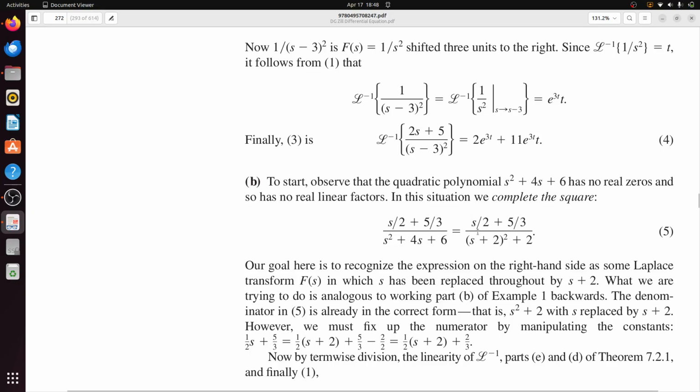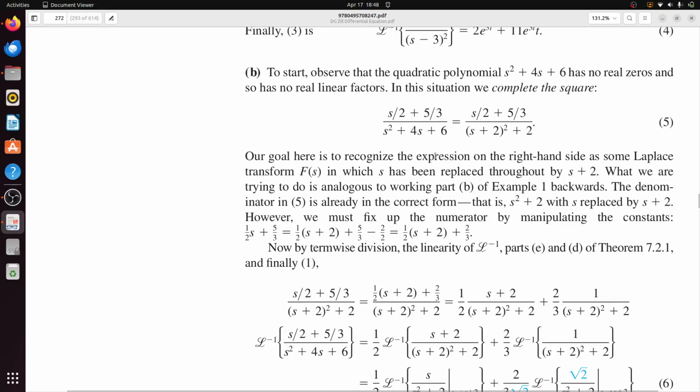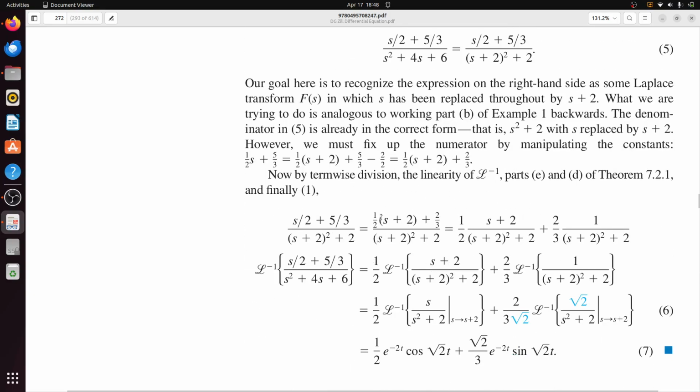So you put s plus 2 divided by 2 and subtract 1. So the above can be written as half into s plus 2 by s plus 2 whole square plus 2, plus 3 into 1 by s plus 2 whole square plus 2.